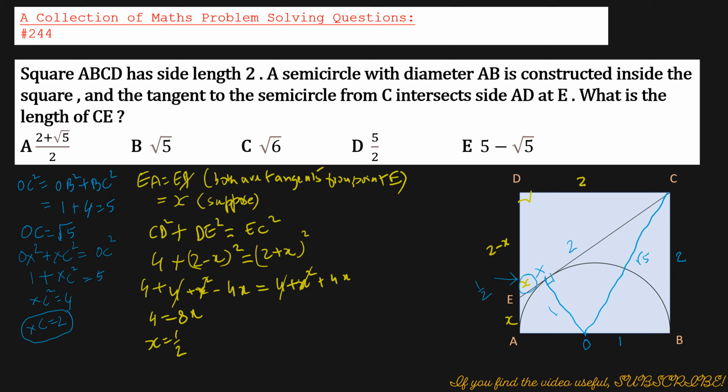Therefore, EC would be 2 plus half, because it is XC plus EX, and that would be 5 out of 2. So the answer is D, 5 out of 2.